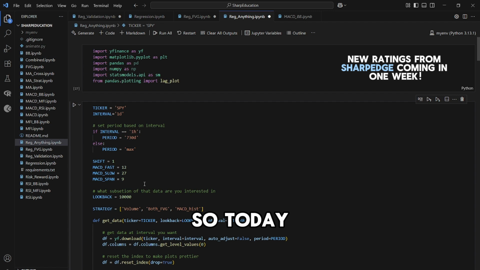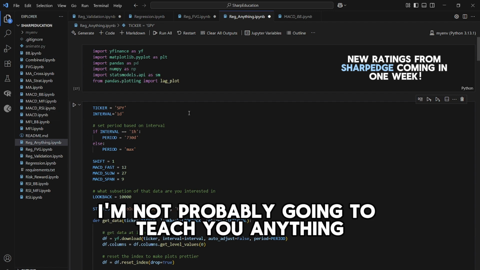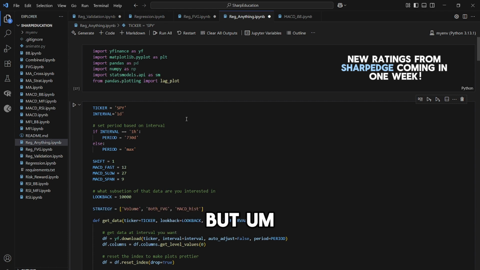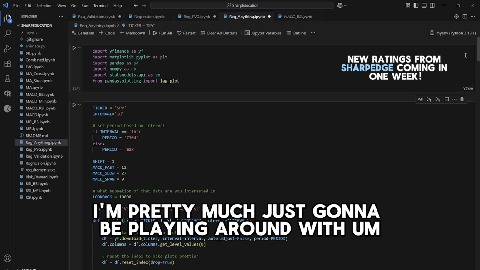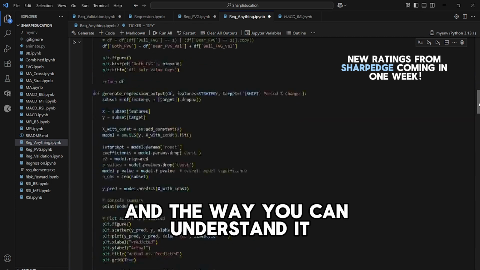So today I'm going to be playing around a little bit. I'm probably not going to teach you anything new about regression or what this can do, but I'm just going to be playing around with what this code can result in and the way you can understand it.